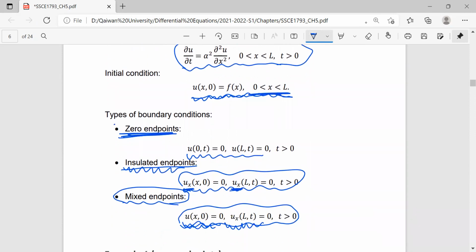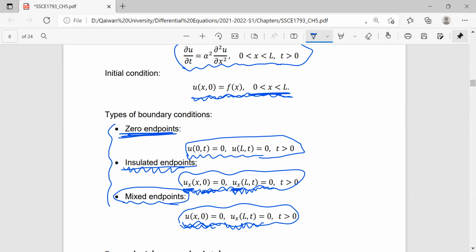Here we have the types of boundary conditions. We have these three types. The first one is zero endpoints: u of 0,t equals 0, and u of L,t equals 0. Then insulated endpoints: u sub x of 0,t equals 0 and u sub x of L,t equals 0, both zero.